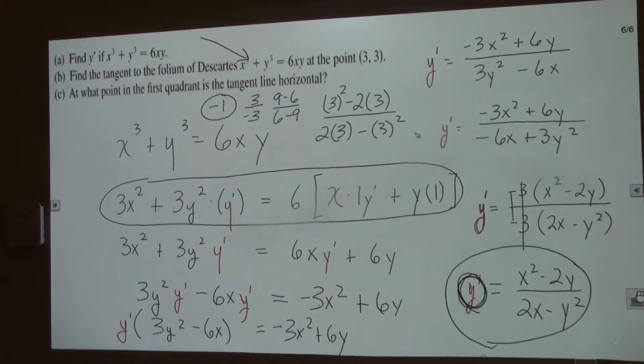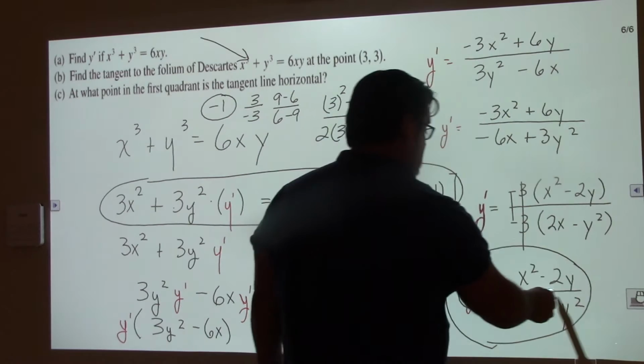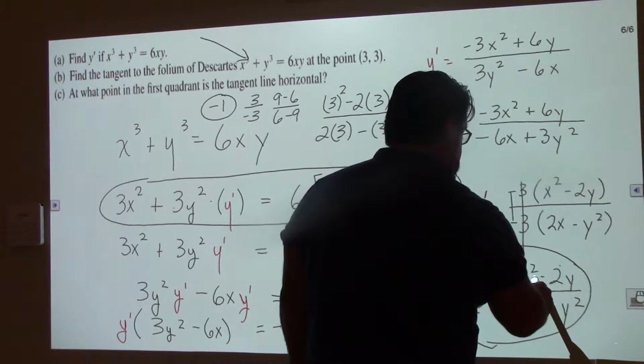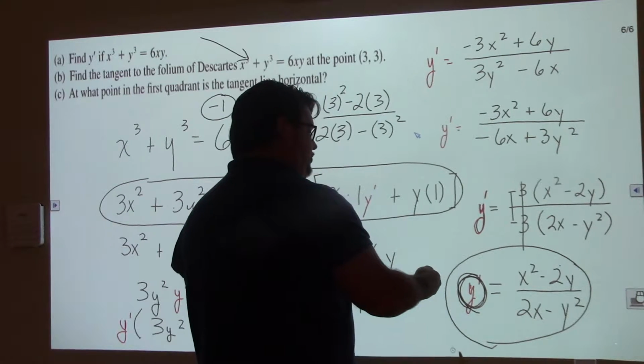Okay, multiply both sides by the denominator, right? And I'll do that calculation. 0 equals this. So 0 is equal to this right here, and that brings the 2y over.